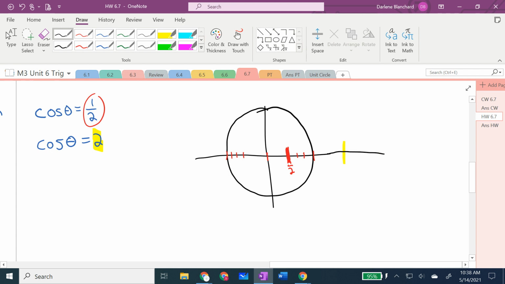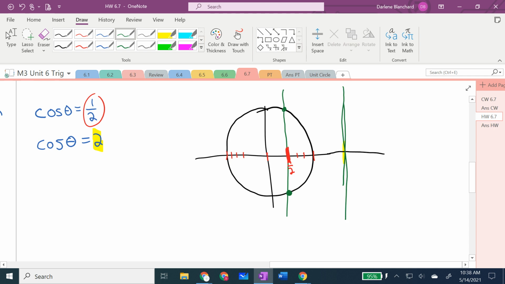One way that I told you to go about solving for cosine is to draw vertical lines, because these are specific x coordinates, and wherever those vertical lines intersect the unit circle, that is letting you know which angle you can land on and have a cosine value of 1/2 or 2.